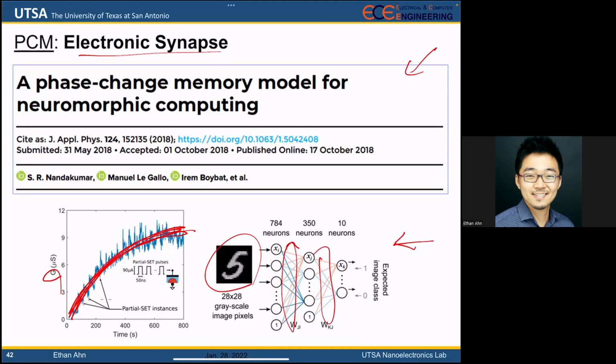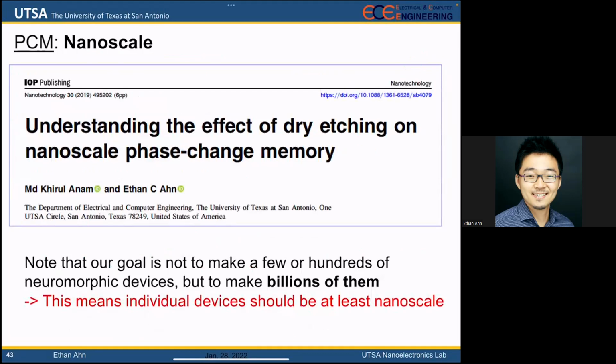Some of the research that I'm doing is more focused on device fabrication. Our goal is not to make one or two or 100 or 1,000. Ultimately we have to make billions of them, billions of synaptic devices, billions of neuron devices, and then integrate them into microchips. So obviously there must be fabrication and integration challenges.